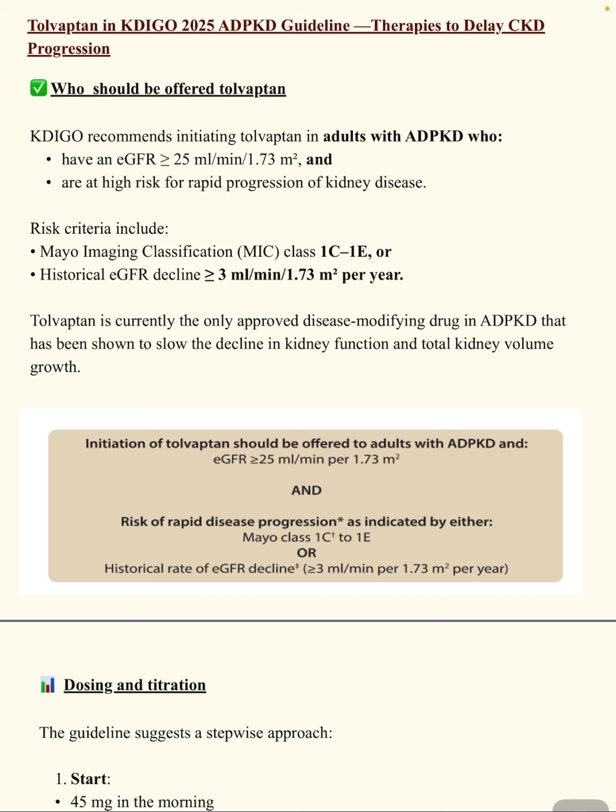High risk of progression is defined as Mayo Imaging Classification 1C, 1D, and 1E, or historical eGFR decline of more than 3 ml per minute per year. So remember, Mayo class 1A and 1B are not included here. Here 1C, 1D and 1E are included.